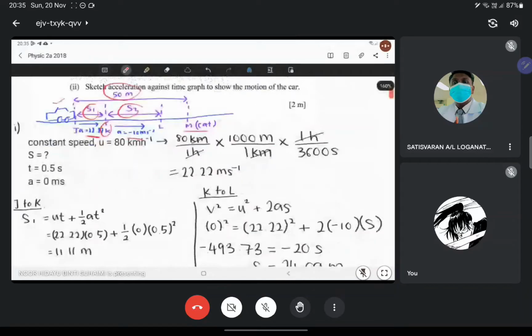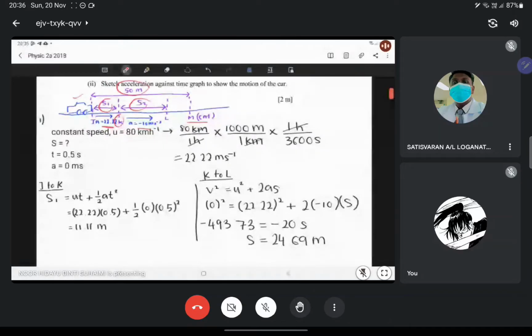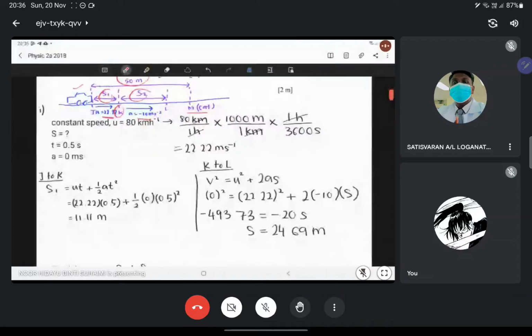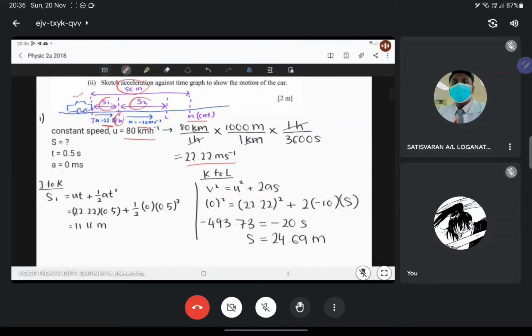So S1, kita guna formula ut plus 1/2 at squared. Dia punya maklumat semua dia dah bagi dan masukkan. First kita tukar dulu kilometer per hour ni dalam unit meter per second. So kilometer per hour tukarkan meter per second dan dapat 22.22 meter per second.